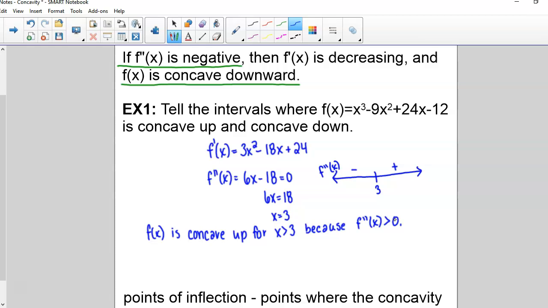You don't have to say anything about the derivative. The derivative would be increasing, which means that the function would be concave up, but you don't have to say anything about that as far as the explanation goes.